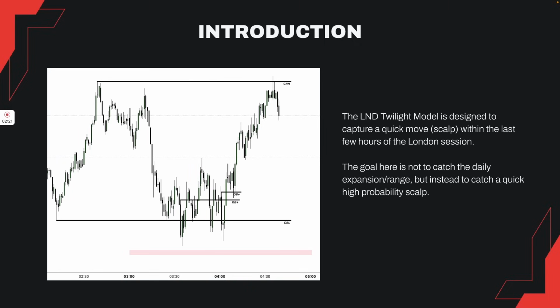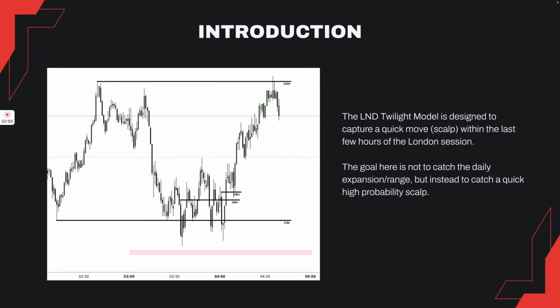We are not trading the start, the beginning of the London session. We are only executing on the end of it. This is why we call it the Twilight model. The goal here is not to catch the entire daily range, but instead to catch a quick and high probability scalp.